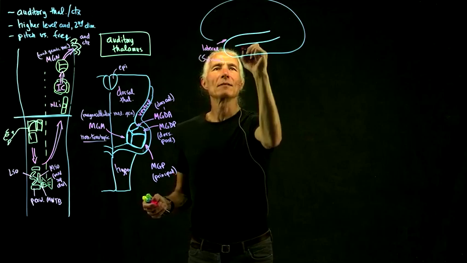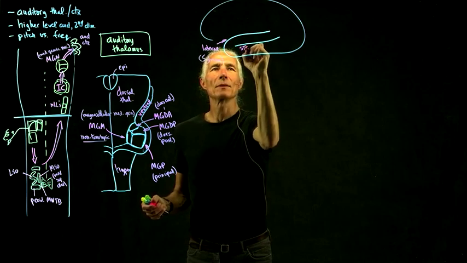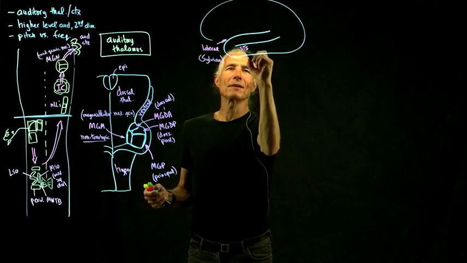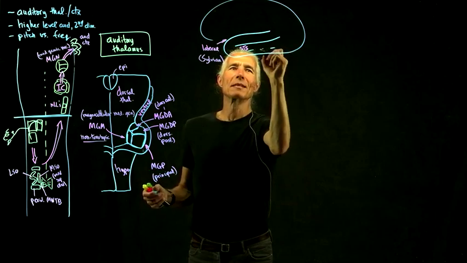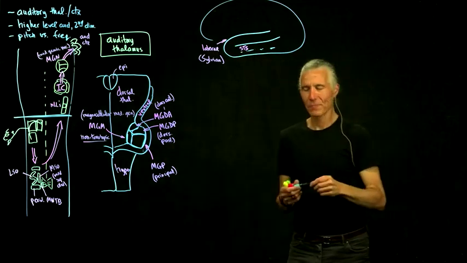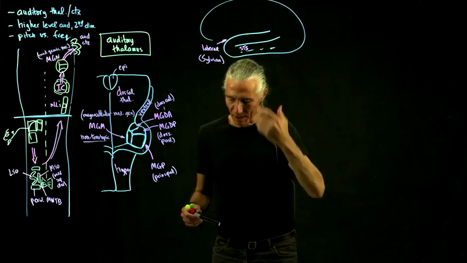This guy is the STS, the superior temporal sulcus, a landmark. There's kind of an inferior temporal sulcus, but it's not a very good sulcus. The superior temporal sulcus is the main one. It's a very deep sulcus.